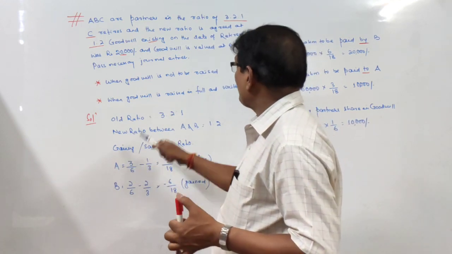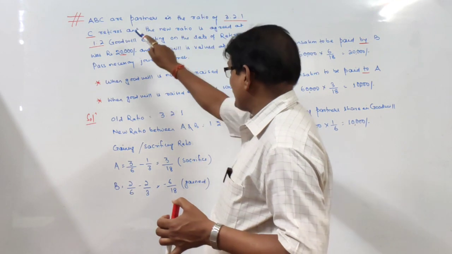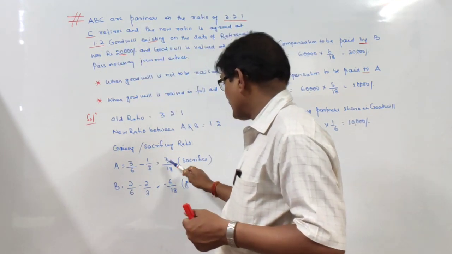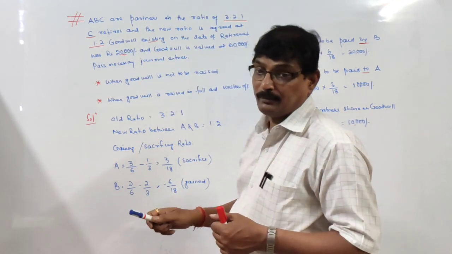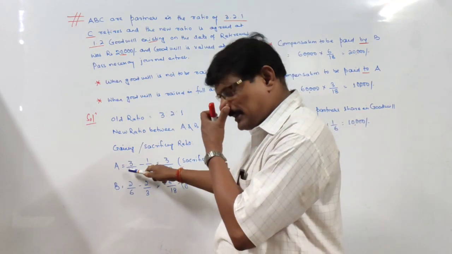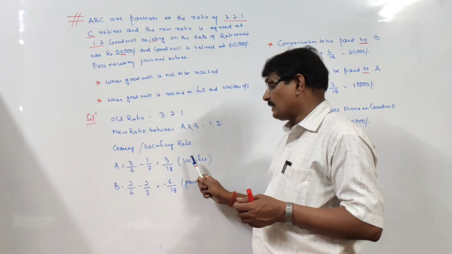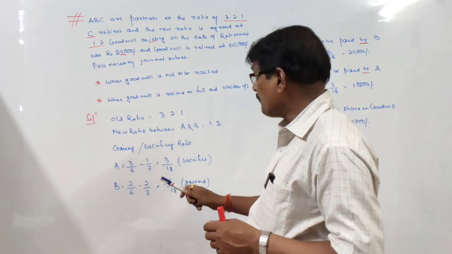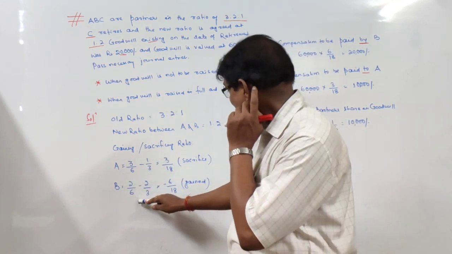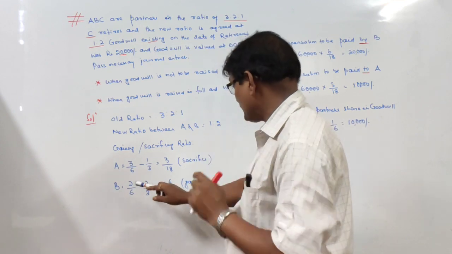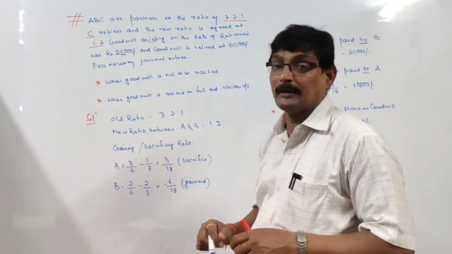A was getting 3/6 in the old ratio, now he is getting 1/3, means A is sacrificing 3/18. B was getting 2/6, now he is getting 2/3, means B is gaining 6/18.